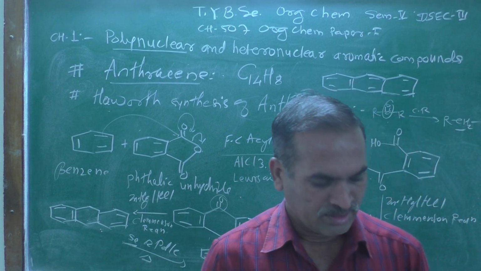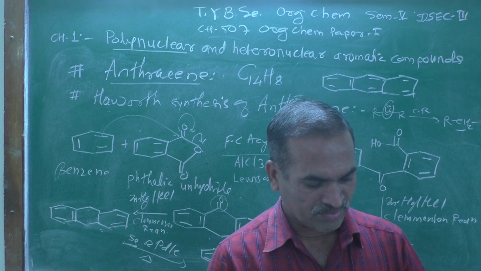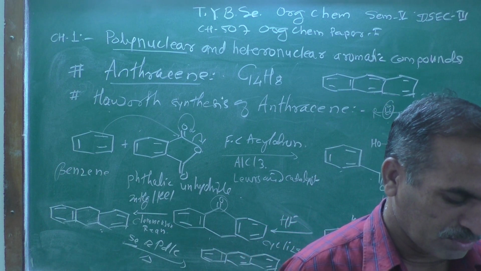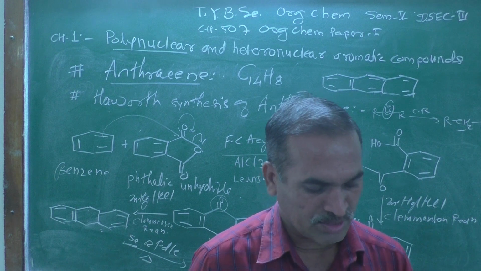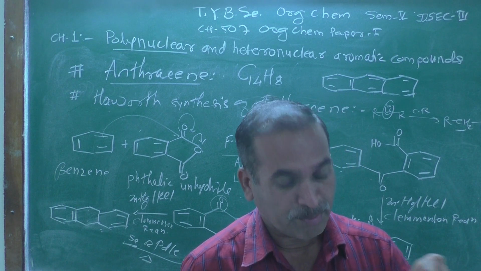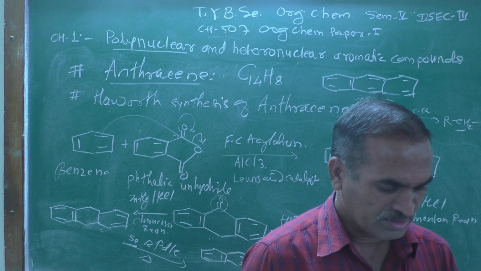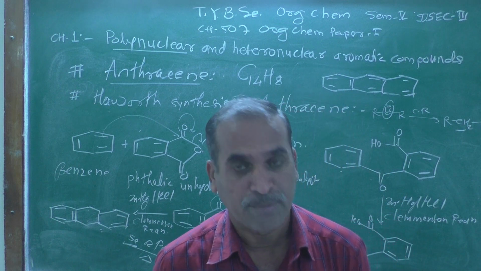and the resonance energy of anthracene is 84 kilocalorie per mole, that is 28 kilocalorie per mole per ring, and this stabilization energy is lower than that of benzene.